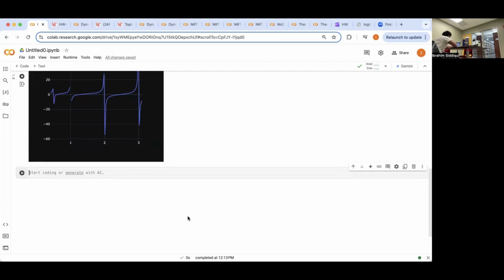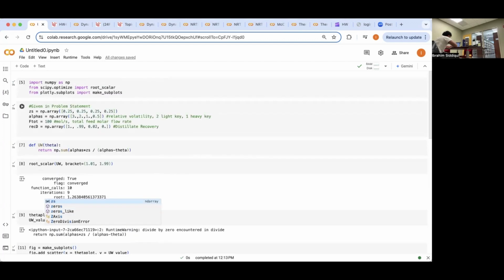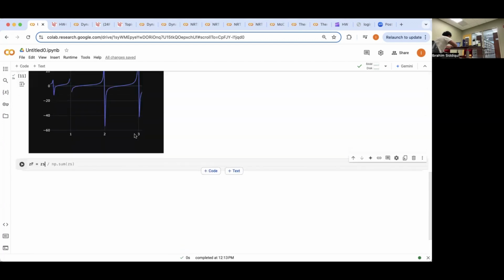So we're going to start by looking at what the composition of our feeds is equal to in this case relative to what we are given in the problem statement. So ZF is going to be equal to our z's up here times our feed total, so F_total.